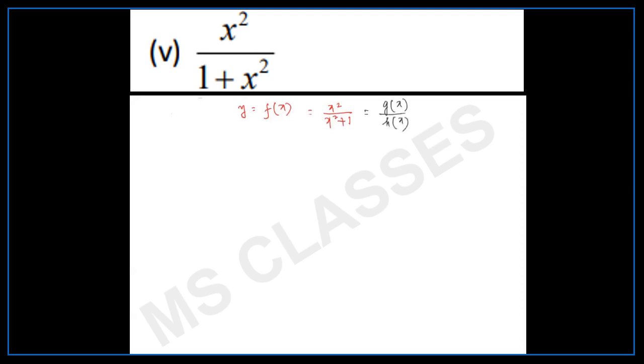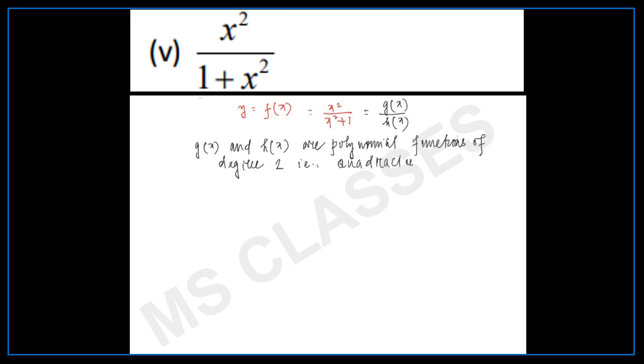And then we write g(x) and h(x) are polynomial functions of degree 2, that is, quadratic polynomials.